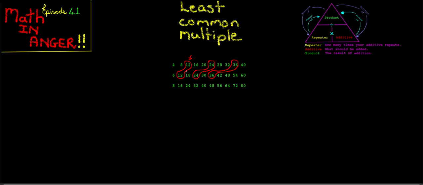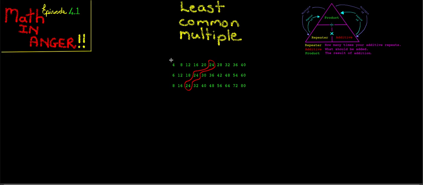It is the common multiple that is the smallest, right? And if you take 4, 6, and 8, then the least common multiple becomes 24 for all three of those values, right? Now you know what a least common multiple is.